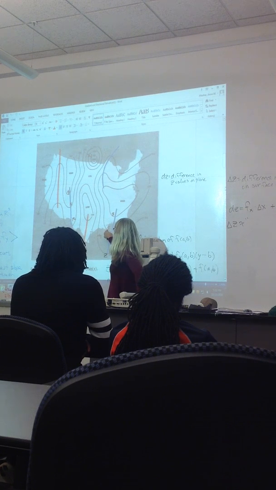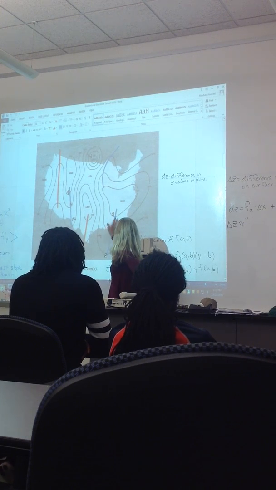But then by the time I move to this contour, notice perpendicular to the contour, the direction is changed. It's kind of more like the blue line they're showing. And then by the time you move to this contour, it's changed a little bit more.